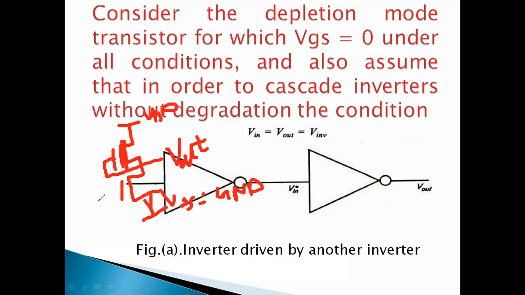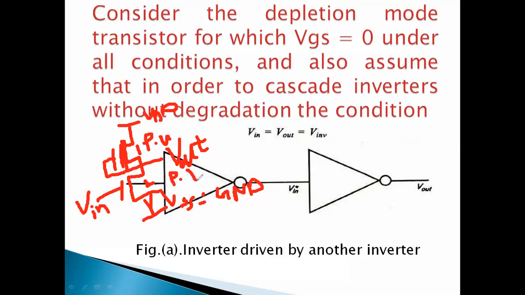Here it is the input Vin. The first transistor is the depletion mode transistor. Transistor 1 is called the depletion mode transistor and transistor 2 is called the enhancement mode transistor. The depletion mode one is called the pull up device, and the one below is called the pull down device.